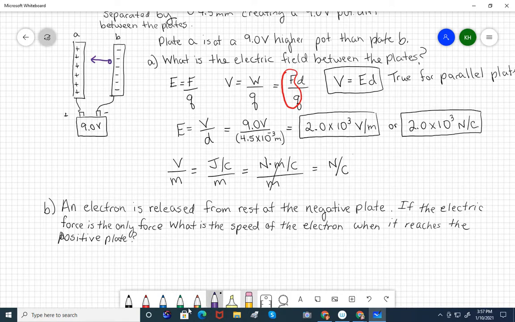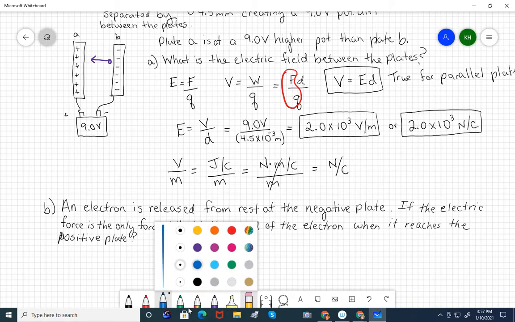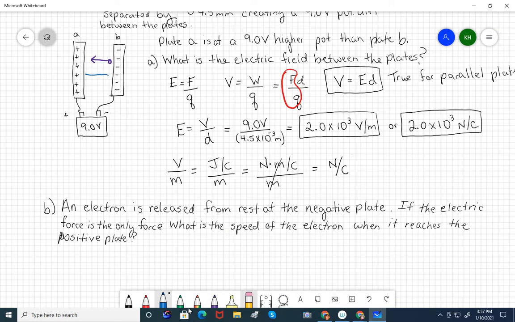Remember, electrons feel forces opposite of the electric field. So even though we could draw the electric field going this way, remember electric fields point from positive towards negative. That little electron's going to feel a force in the opposite direction.